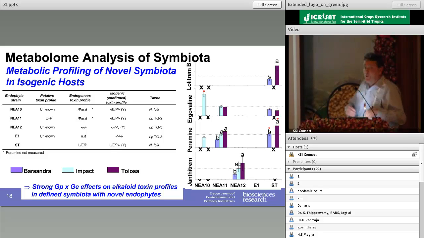So in a sense, four different taxonomic groups of fungal endophytes that colonize perennial ryegrass, with some of the key bioactive compounds: janthitrem, peramine, ergovaline, lolitrem. Lolitrem, we're interested in having zero presence of it. Ergovaline, low levels, and peramine and janthitrem are two of the interesting ones in the context of insect protection, so insect deterrence.